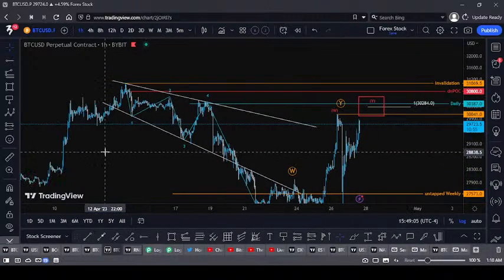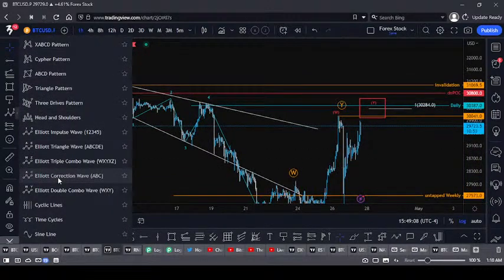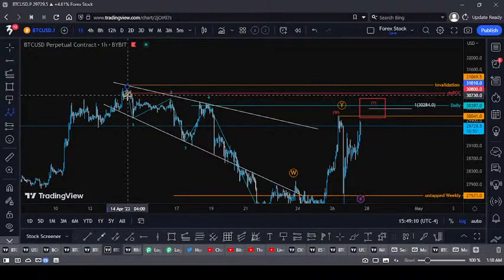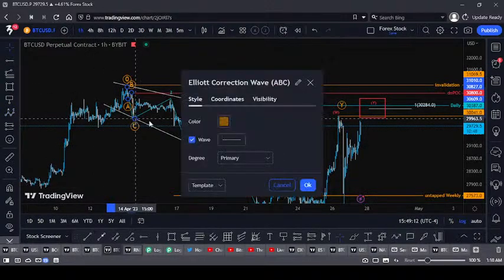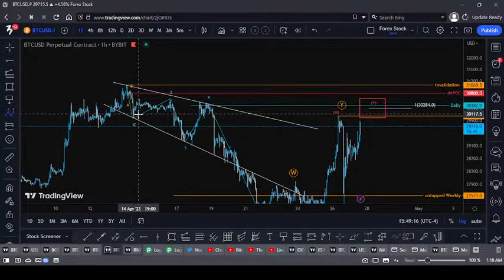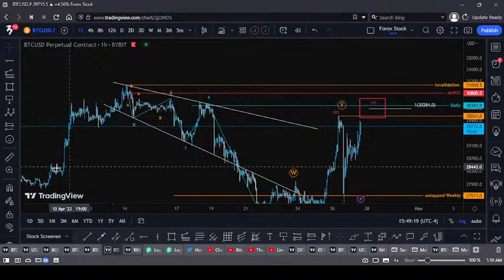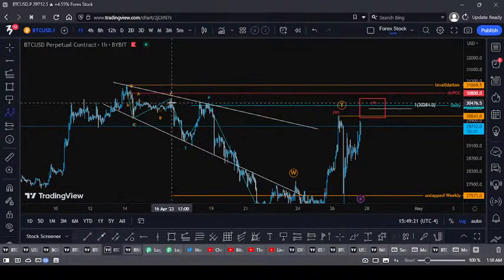So basically, it consists of the ABC movements, a three-wave ABC. Make it minuscule, and you see ABC in a three-wave structure.